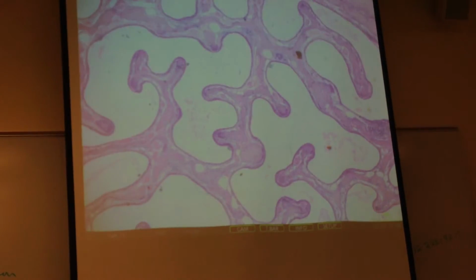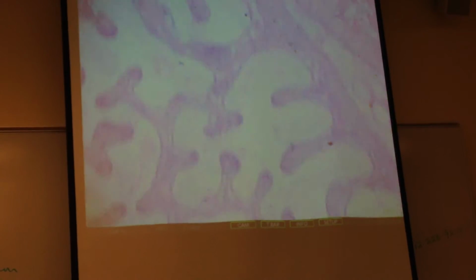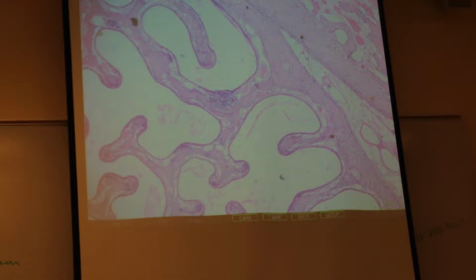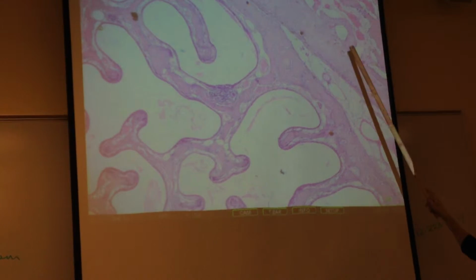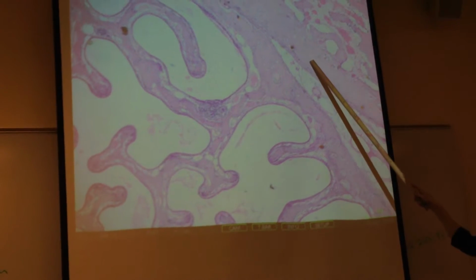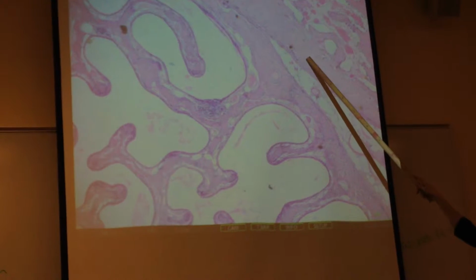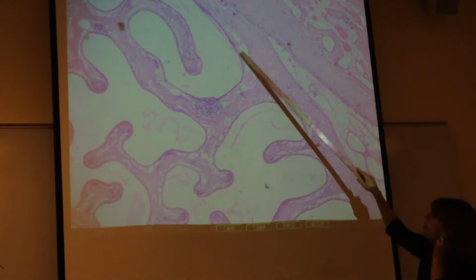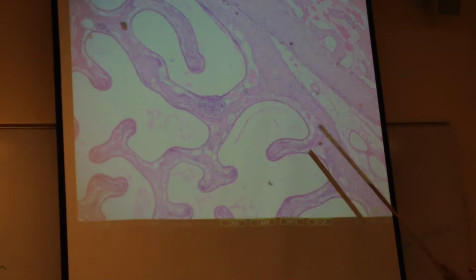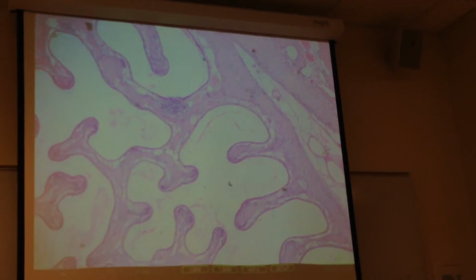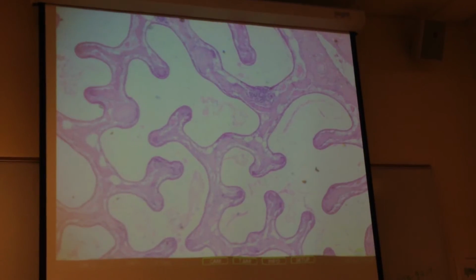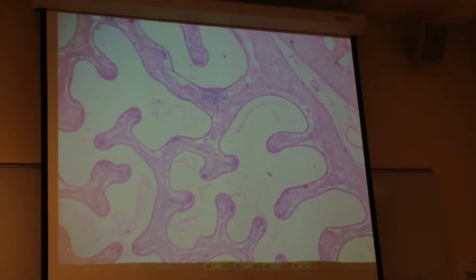What I want to do is go to the very end right here where it's going to fork, and I'm going to focus in on this area right here. Hopefully you recognize this as hyaline cartilage with the lacunae and the chondrocytes in there. And both of these ends right here are where we're going to see that olfactory epithelium. So that's at low power.